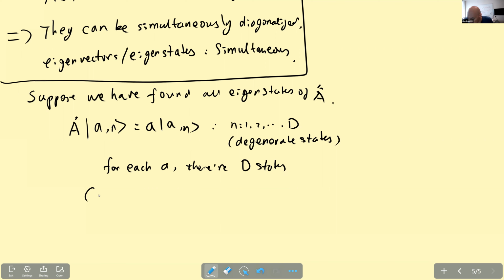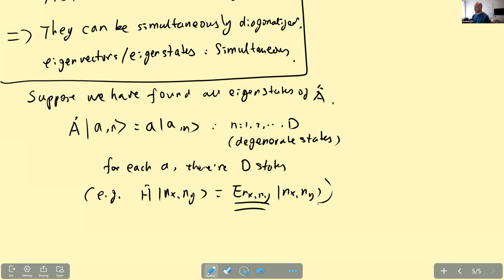We have, for example, the energy with n_x and n_y. This one can be degenerate if omega_x and omega_y are the same, for the isotropic harmonic oscillator in 2D. So in general, you can have this.